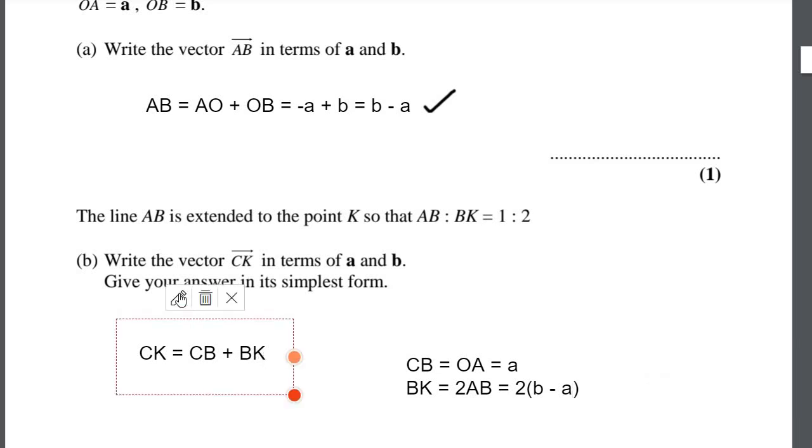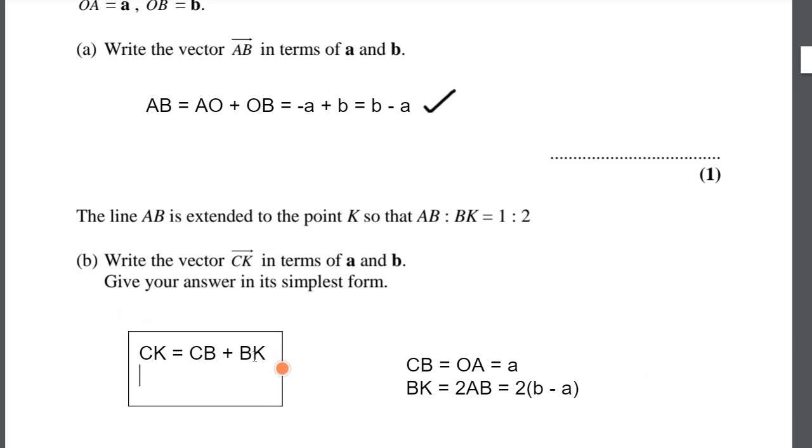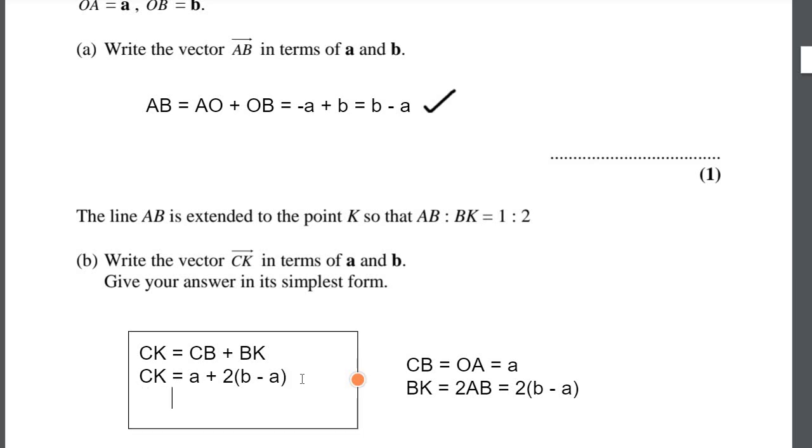So let's add them up. That will give us our CK. So CB is A plus BK is twice of B minus A. And we have to give our answer in the simplest form. So let's try and simplify this.